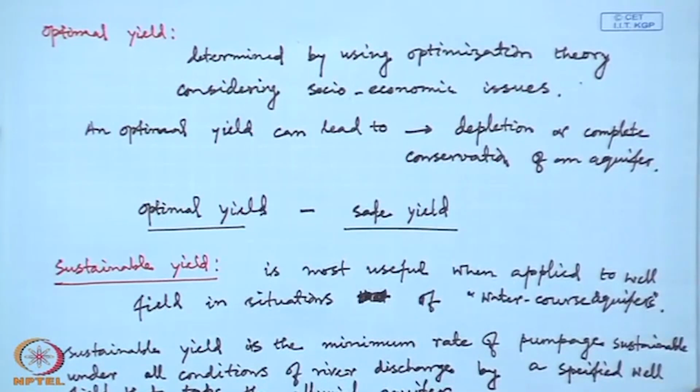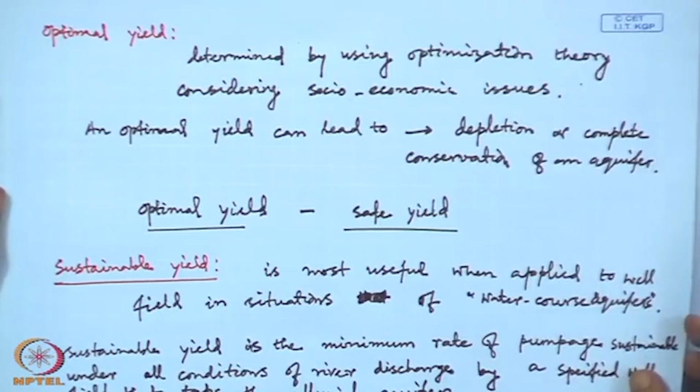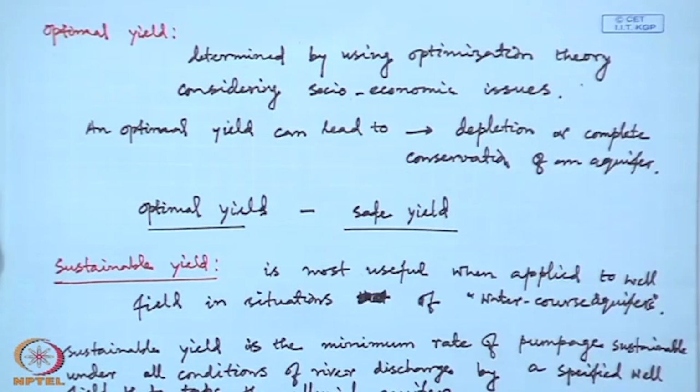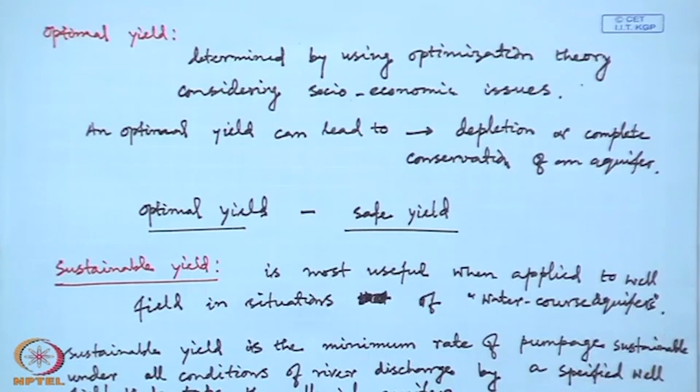So, we have seen perennial yield, safe yield, optimal yield and this sustainable yield. In case of perennial yield, we need to maintain some practicable rate of withdrawing water from the aquifer.